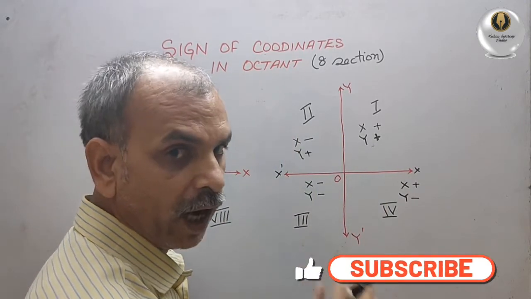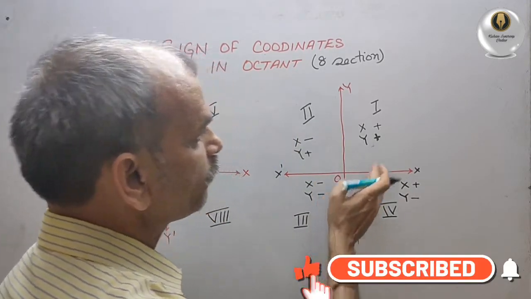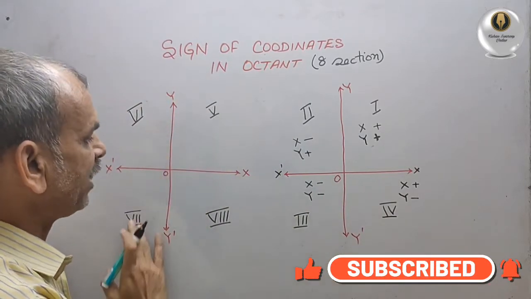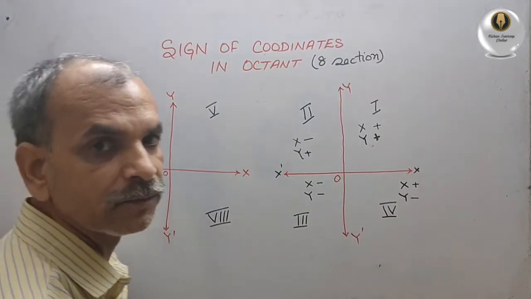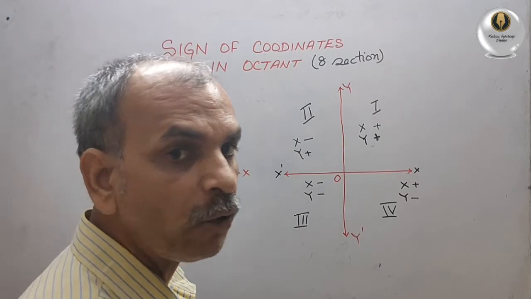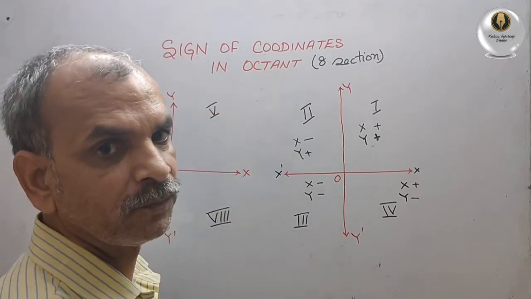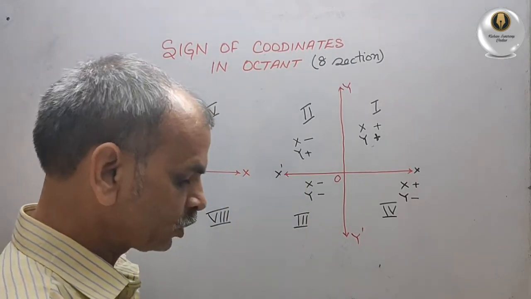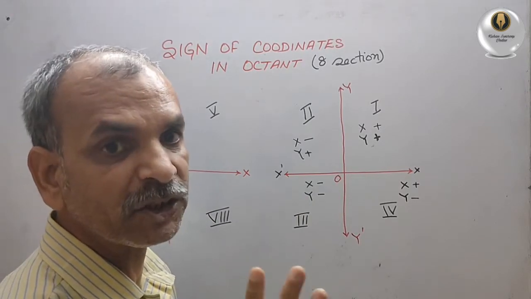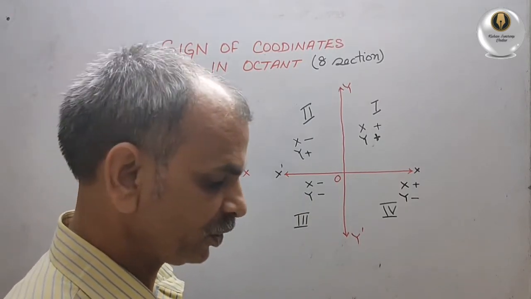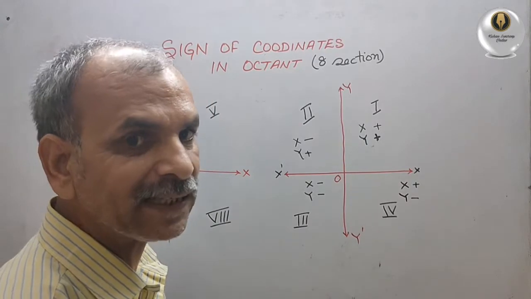Can we remember this? Yes. Now comes your 5th, 6th, 7th and 8th quadrant. How does it look? It's a 3D dimension, 3 dimensions. It will be just like this.